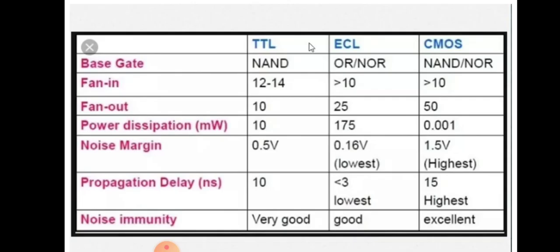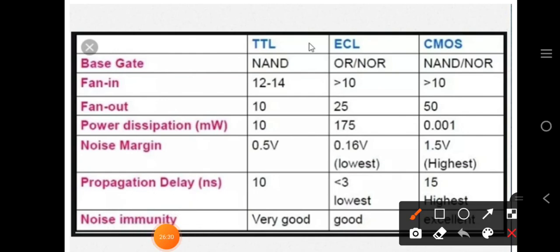Now we will see the comparative study of these gates. The mostly trending devices are TTL, ECL and CMOS. ECL is the fastest working family, and the least power consumption is in CMOS.